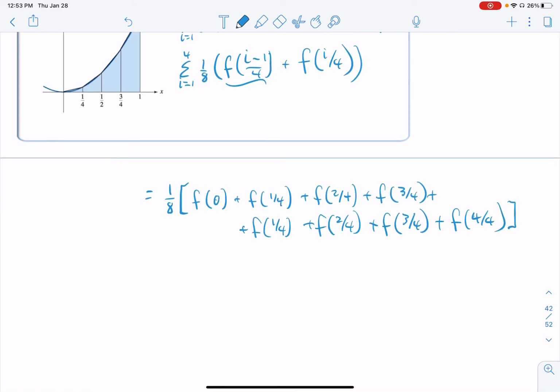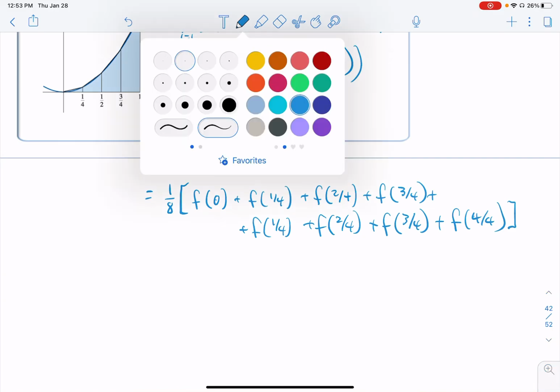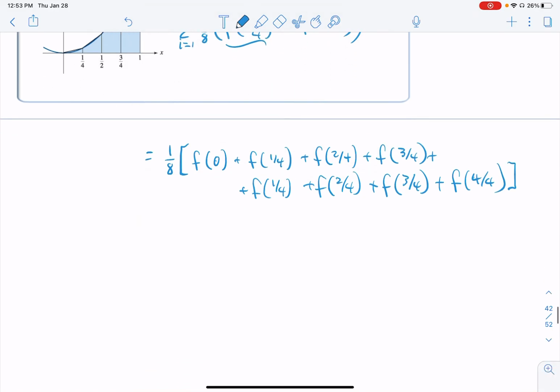Now, the whole entire reason I did this is to expose you to this thing called the trapezoid rule. Whenever you have a regular partition and some sort of function, with the trapezoid rule you always have one of the first endpoint, and that's this guy right here.